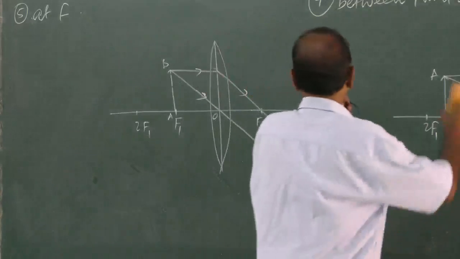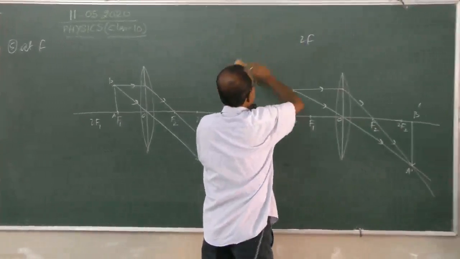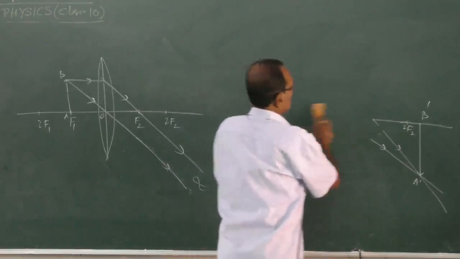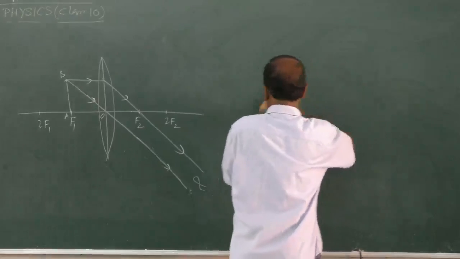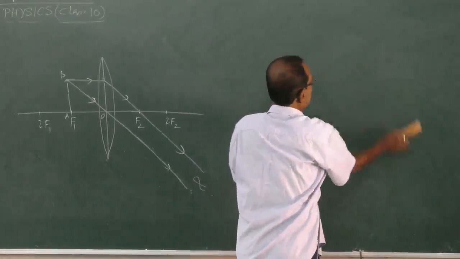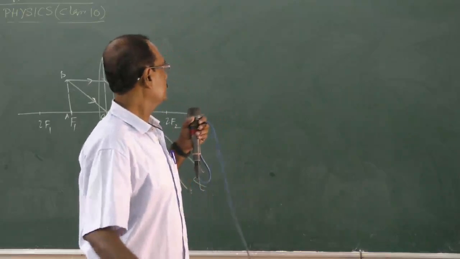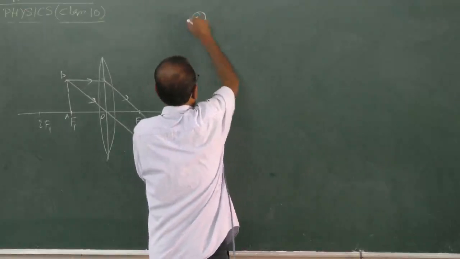Now next, object in between the lens and focus, or optical center and focus. Number 6.